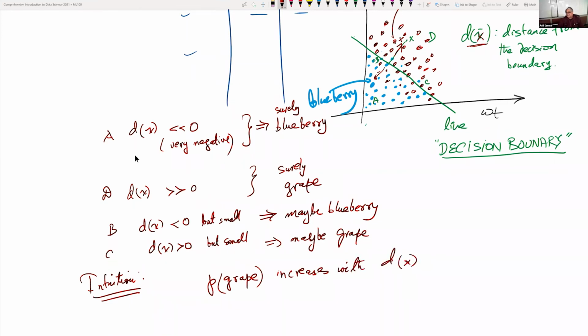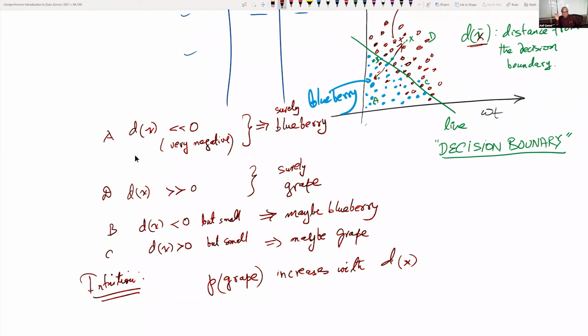The more positive dx is, the more likely it is to be a grape, isn't it? And the converse of this is that the probability of a blueberry decreases with d. The more d increases, the less likely that it is a blueberry, isn't it? Do you see this, guys? Is this a clear intuition?